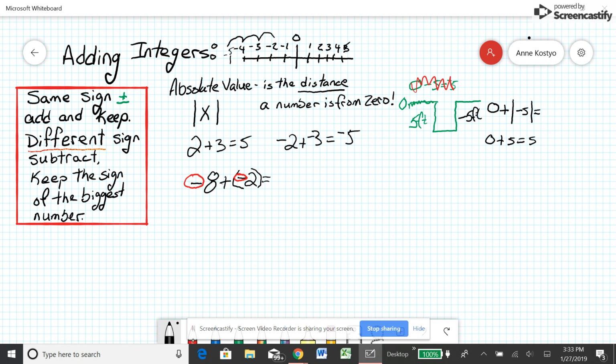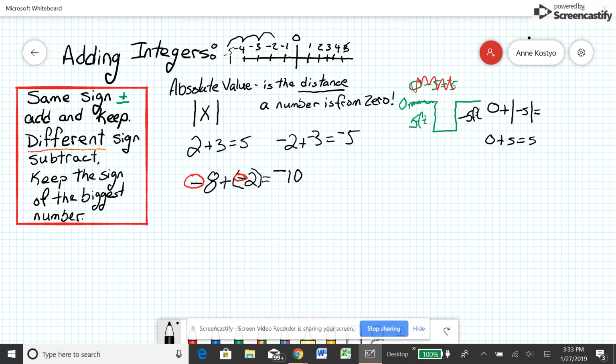I know both have negative signs, so I am going to add and keep the sign. So I know my sign will be negative. And now all I have to do is add my numbers. And 8 plus 2 is 10. All right, that's pretty simple.